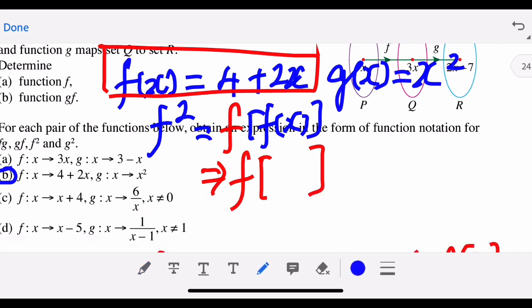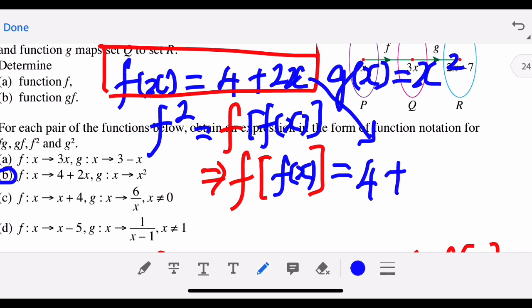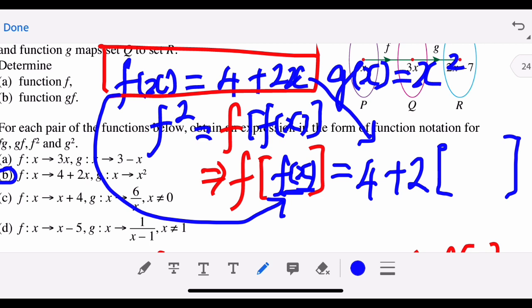The object is in blue color, right? So we'll copy this function, then leave the object blank first, then substitute the object as f(x), which is 4 plus 2x.